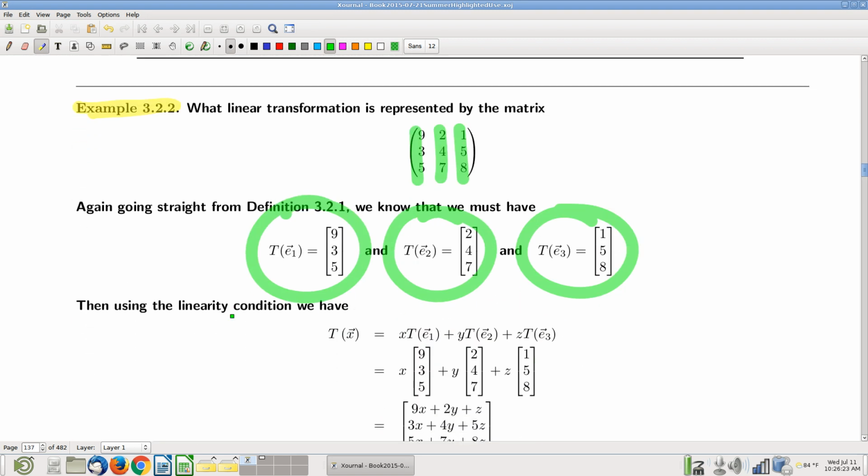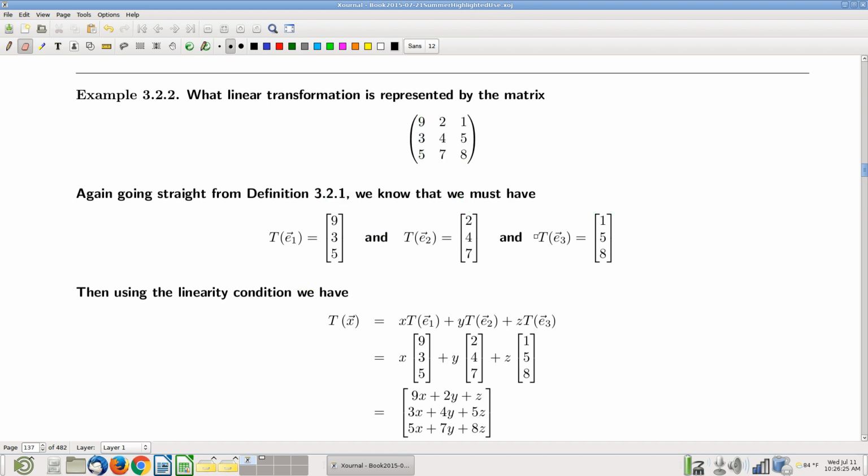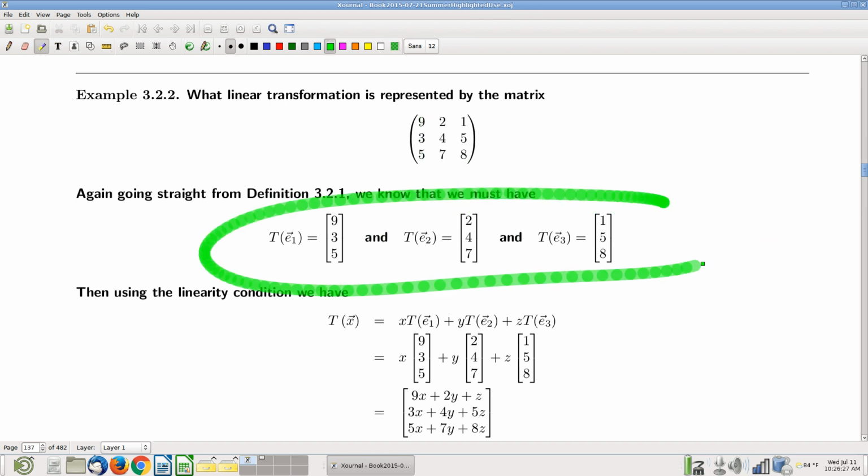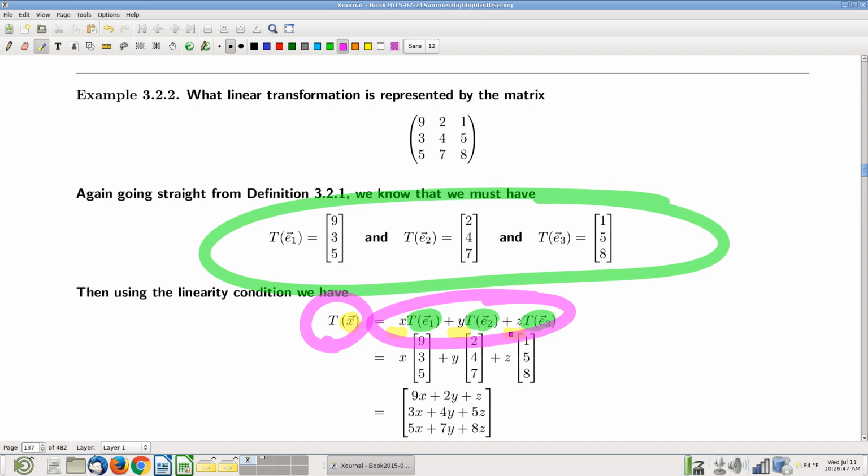Okay. And so here's the part of the problem we've already done before. If you know the images of the standard basis vectors, then keeping in mind that X is a linear combination of the standard basis vectors by way of its coordinates, you can compute T of X as that linear combination.